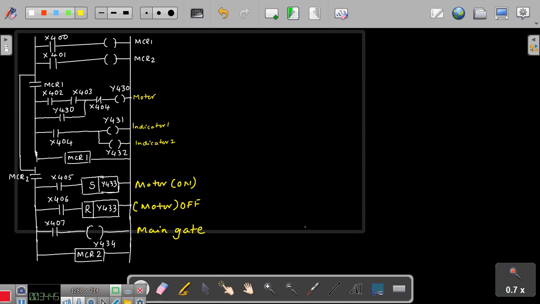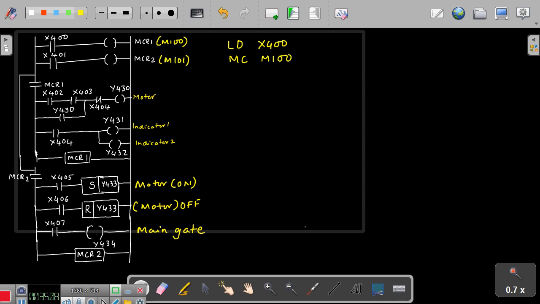If there is any mistake, please correct me. LD X400, MC M100. Let me call this as M100 as usual. This as M101.